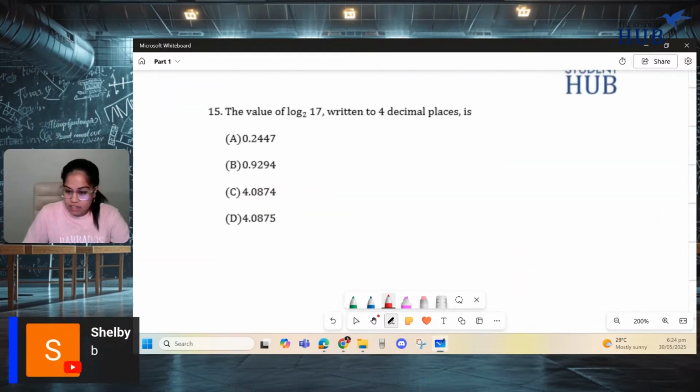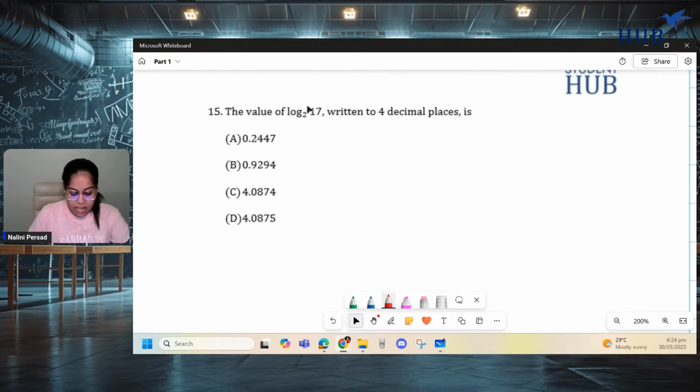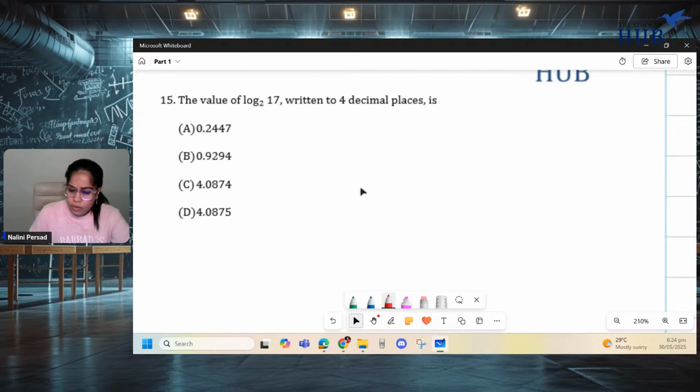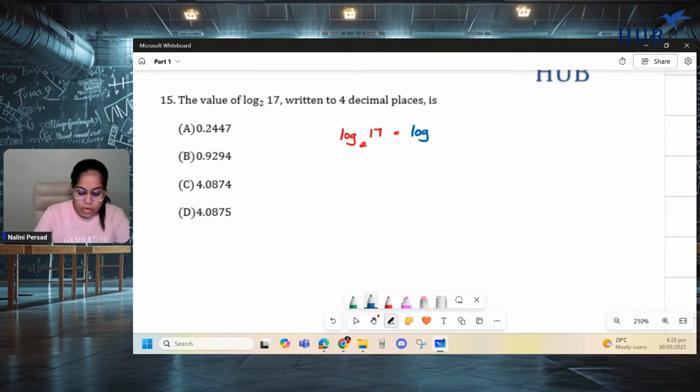Moving on to question 15, we want to find the value of log of 17 to the base 2 written to 4 decimal places. So we can use our calculator to do this. I'll just introduce how we use the change of base formula. So I want the new base to be 10.